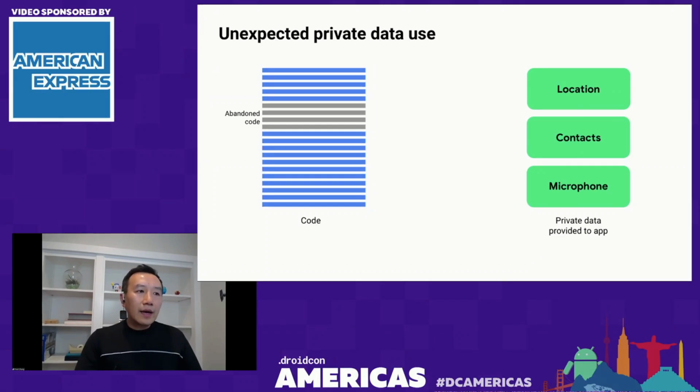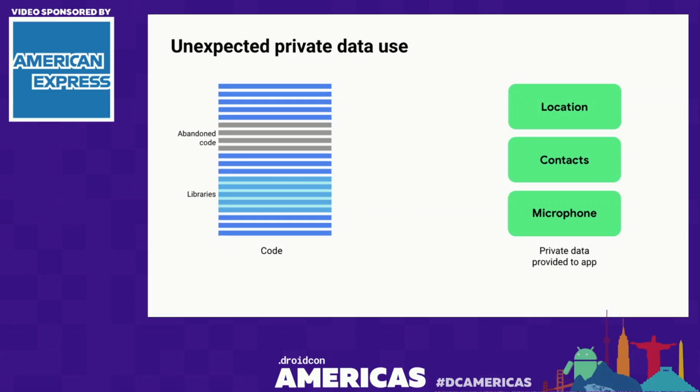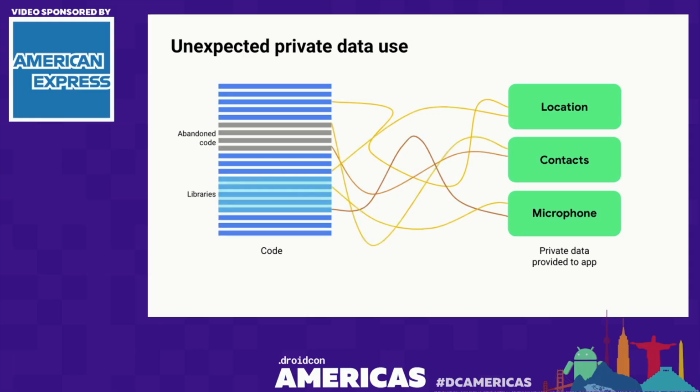Another scenario is that you might be using third-party libraries that could be open source or closed source. It doesn't really matter in a lot of large projects. You just don't have enough time to fully understand every single line of code, be it in your code bases or in third-party libraries. So in these situations, access patterns to sensitive data like location and microphone may not be entirely obvious, as shown in these spaghetti-colored lines.